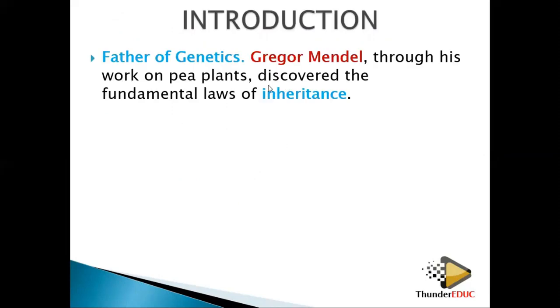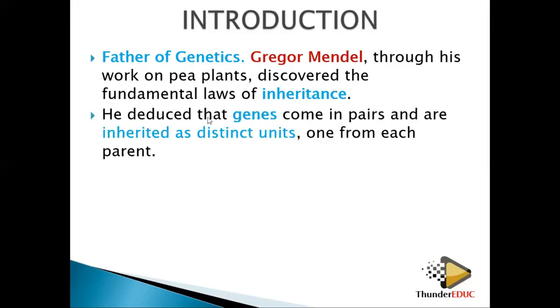So let's look at the introduction. Father of genetics. When we talk about the father of genetics, we are talking about Gregor Mendel. He did a lot of work on inheritance, and he discovered a law which we call the law of inheritance. He concluded that genes come in pairs.